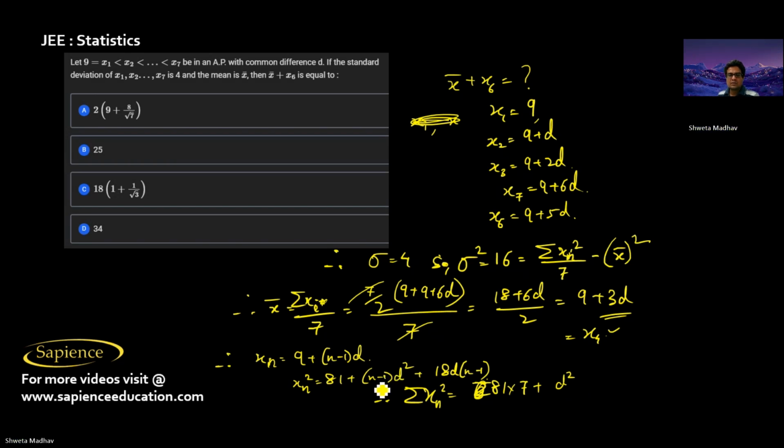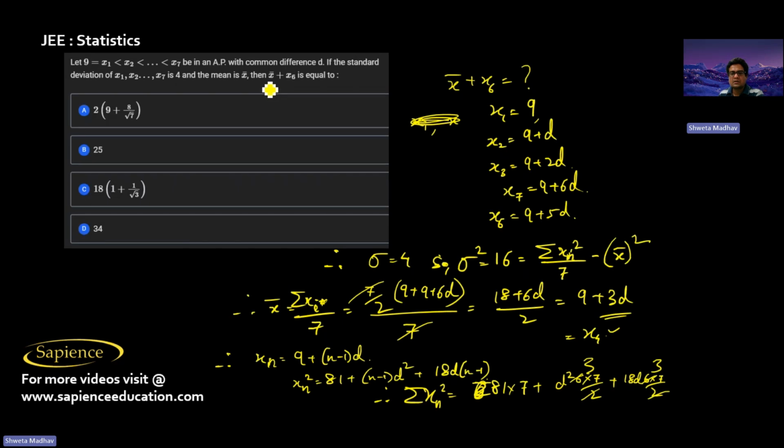Here n goes from 1 to 7, so n minus 1 will go from 0 to 6. So 1 to 6 I have to add, which is 6 into 6 plus 1 by 2. Plus 18d into the summation of n minus 1, which also goes from 0 to 6, so 6 into 6 plus 1 by 2, that is 21.